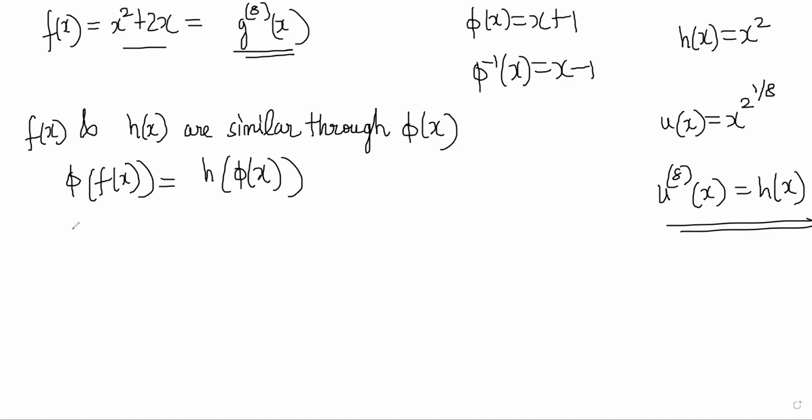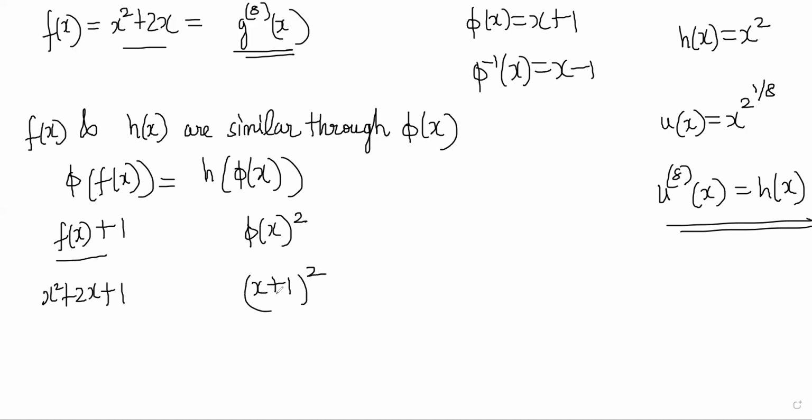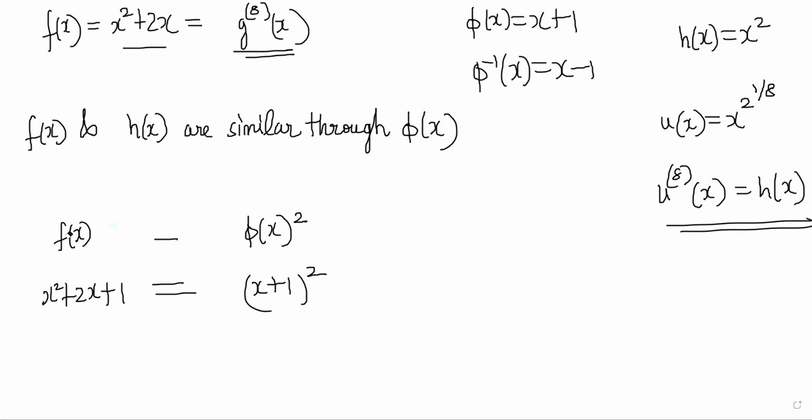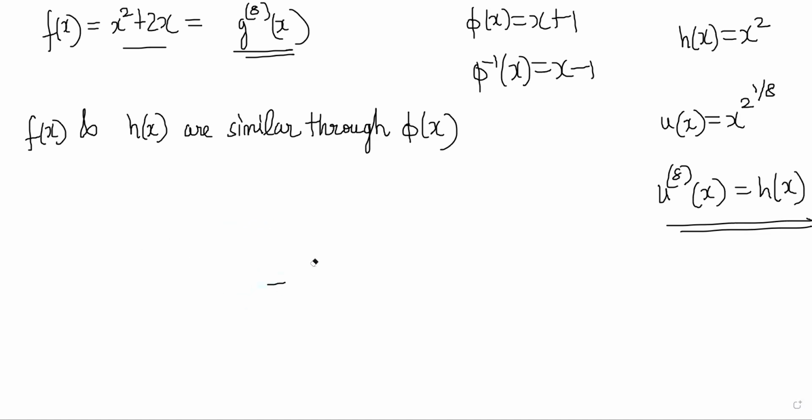Phi of f of x is f of x plus 1, and h of phi of x is phi of x whole square, right? And f of x plus 1 is x square plus 2x plus 1, and this is x plus 1 whole square. So you can see that these things are matching. So our statement is correct. f of x and h of x are similar through phi of x, right? Phi of x is our bridge function for f and h, right?